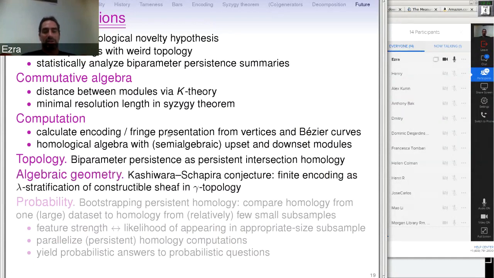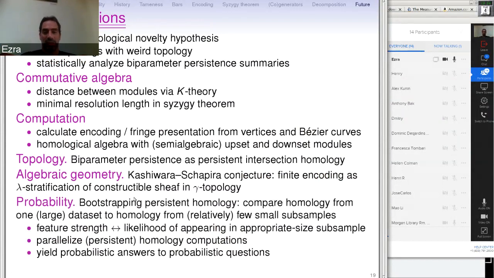Algebraic geometry, so this Kashiwara-Schapira conjecture, it's a conjecture about the derived category of constructible sheaves given this gamma topology, which essentially says it's the same setup as the polyhedral partially ordered group setting, and it looks like the Syzygy theorem is really a proof of their conjecture, which is lambda stratification of constructible sheaves.